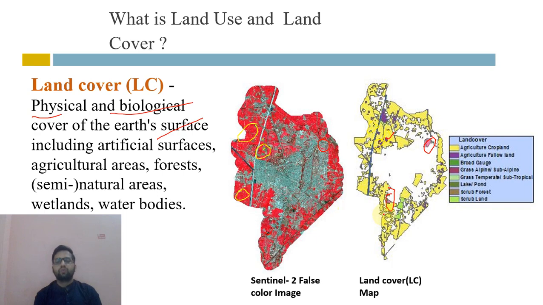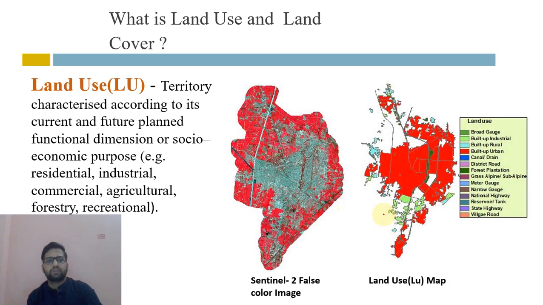Now we go to the land use. Land use means when the earth surface is used for different commercial, social or economic purposes. Land use is characterized according to its current and future plan, functional dimension or socio-economic purpose.